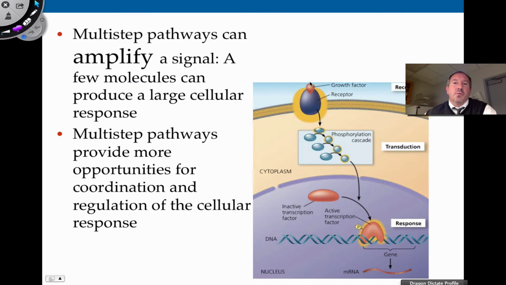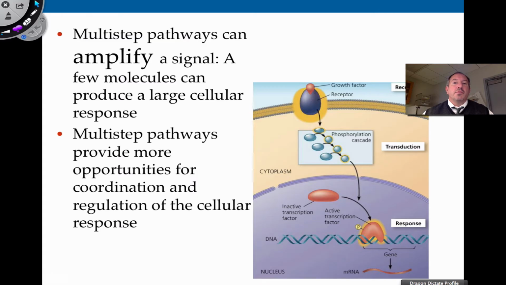When the receptor picks up a message, maybe the particular message is a growth factor, okay? So this is picked up, and one thing I want to mention about receptors is they're very unique. They're kind of like an enzyme, if you can relate to that. The particular active site or receptor site is unique to the particular signaling molecule.